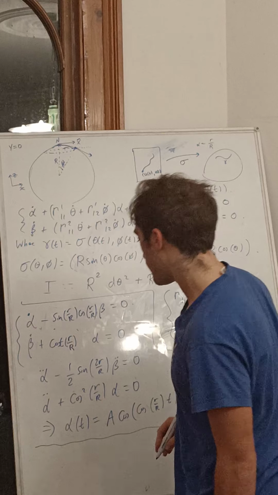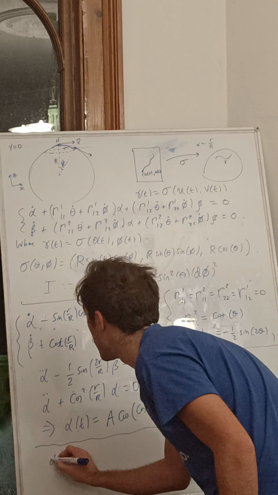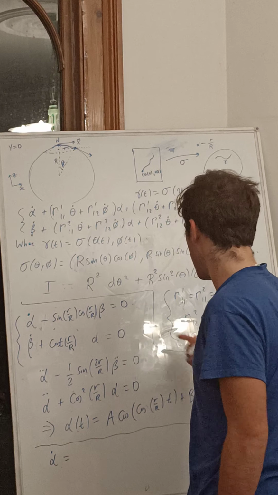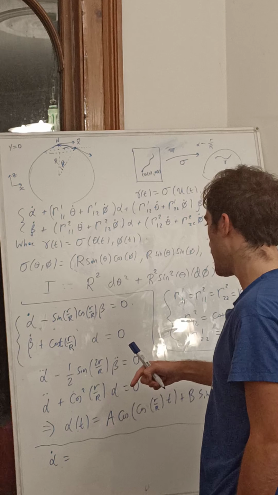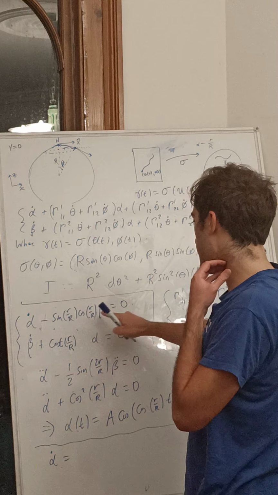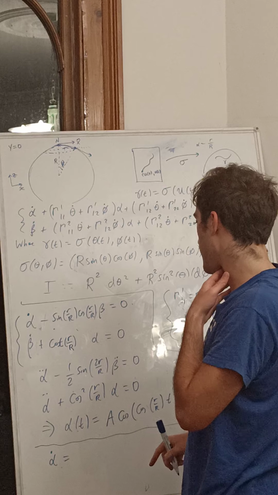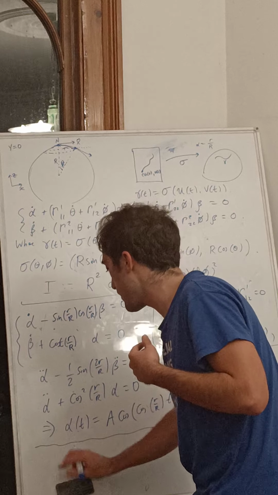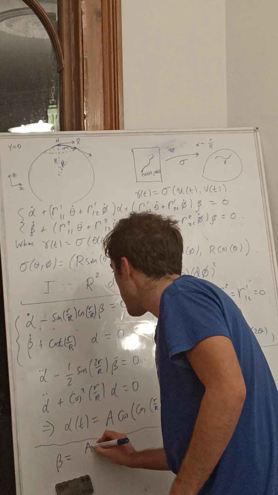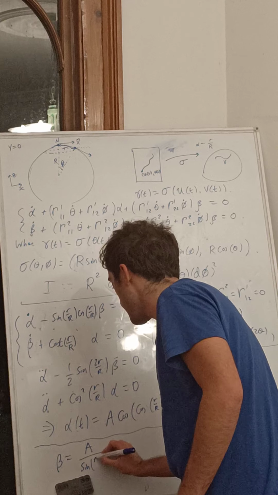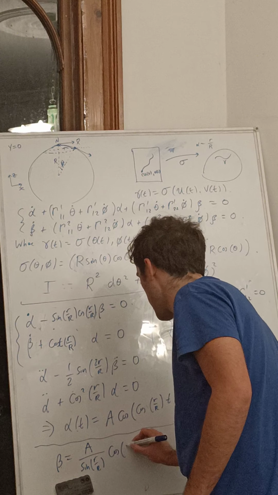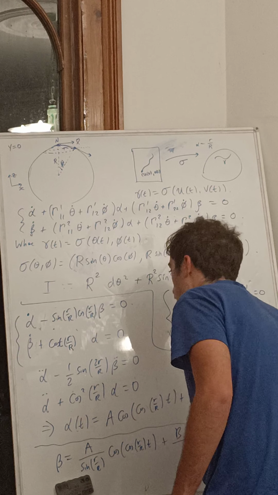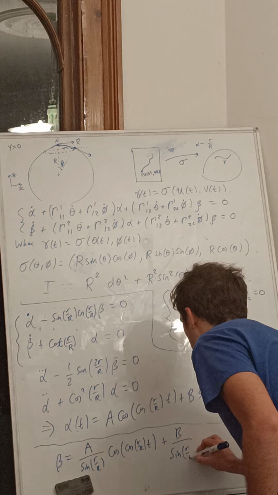And so, differentiate this. What do I get? So this cos of little r over r comes out, right? And so here I can just divide by cos of little r over big R, right? So beta is equal to a divided by sine of little r over r times cos of little r over r t, and then plus b over sine little r over r.